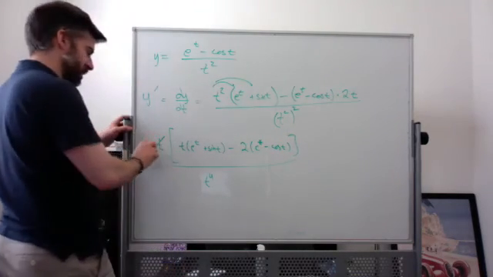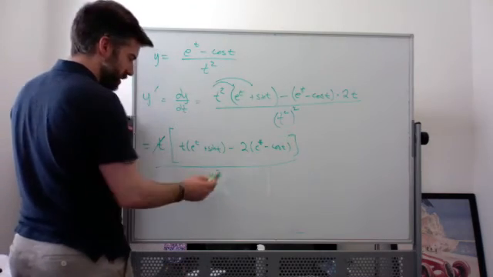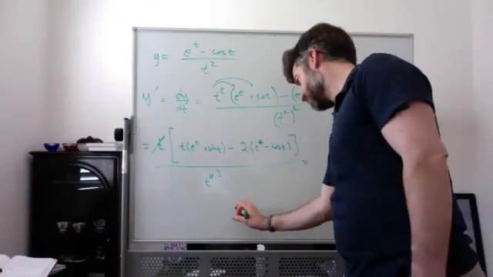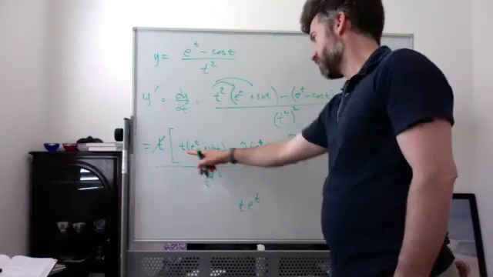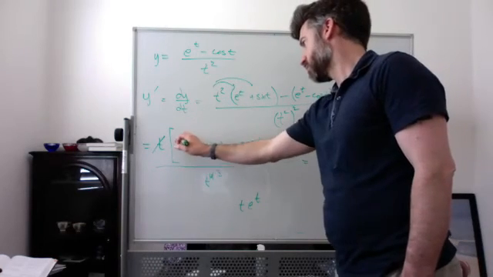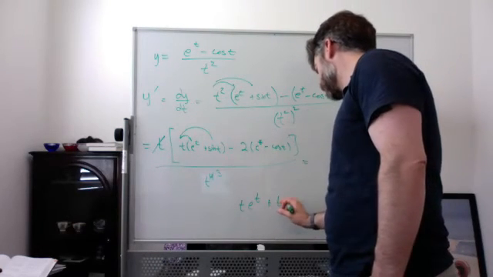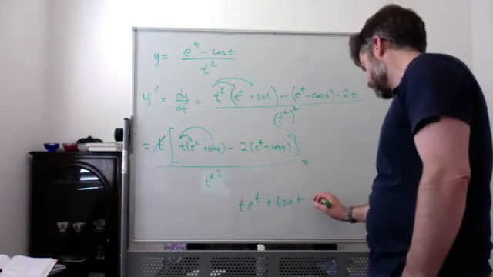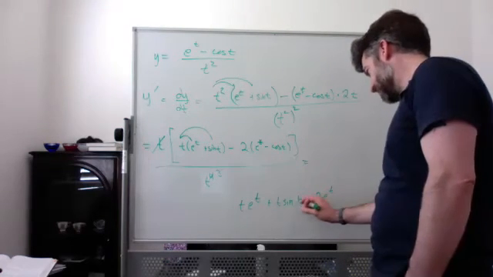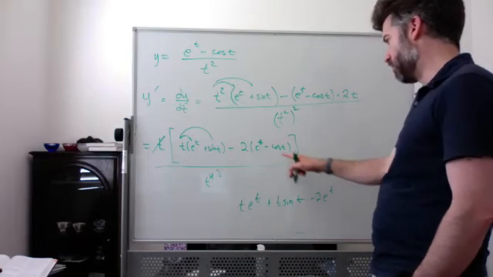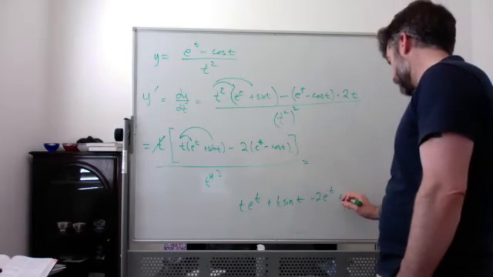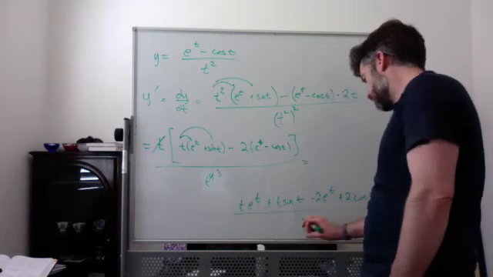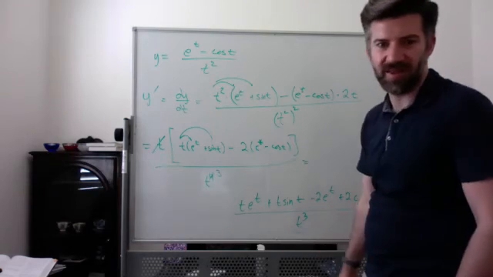And then you can cancel this t with one of those t's. And then you can distribute and get t e to the t plus t times sine of t minus 2e to the t. Sorry, my t's always look terrible. Plus 2 cosine of t all over t cubed. So that's how that would look.